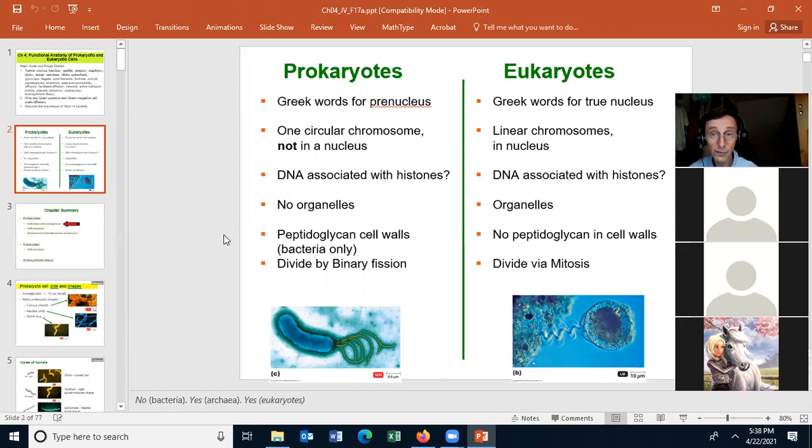Eukaryotes, eu means true, and karyote, we're using that word to mean nucleus. The prokaryotes generally have one circular chromosome, and the chromosome is not in a nucleus. What do we mean by a circular chromosome? Meaning the chromosome is in a circle, and if I start right here, I end up right here, meaning the start and the ending point is in the same place. Any question about that?